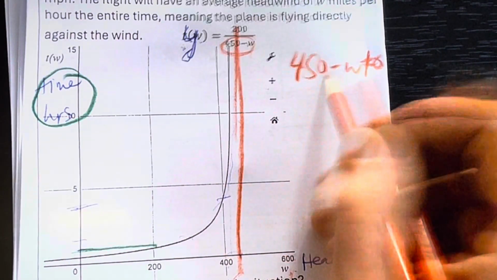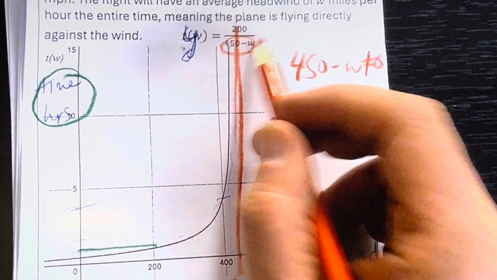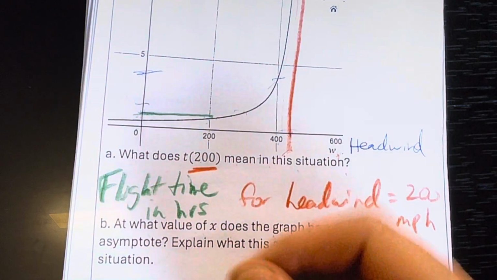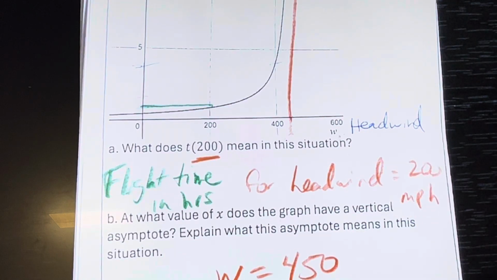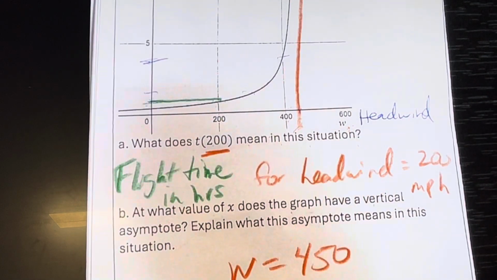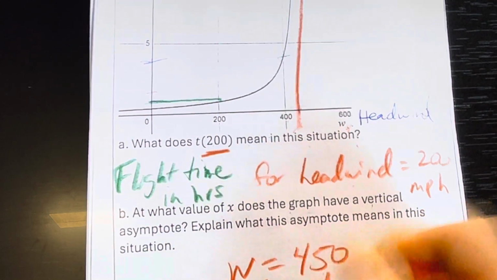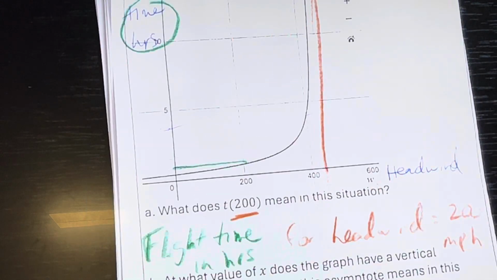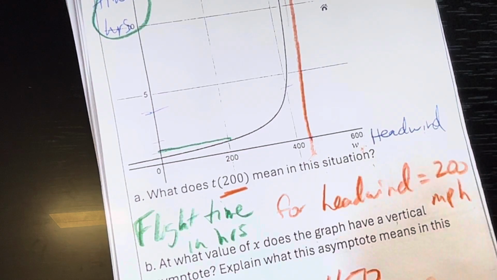So what value of W would make this total 0? 450 minus 450 would give you a total of 0. So our asymptote is at W equal 450, which says if headwind equals 450 miles per hour, flight time is undefined.